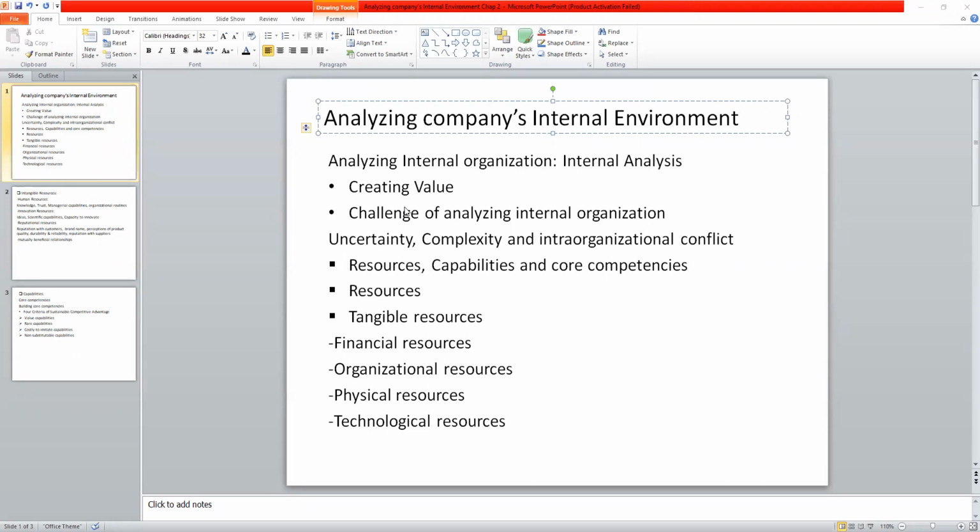Now, some of the firm's resources are tangible, while the others are intangible. Tangible resources are the assets that can be seen, that can be quantified, you can say.